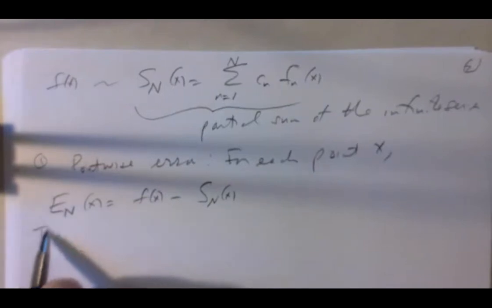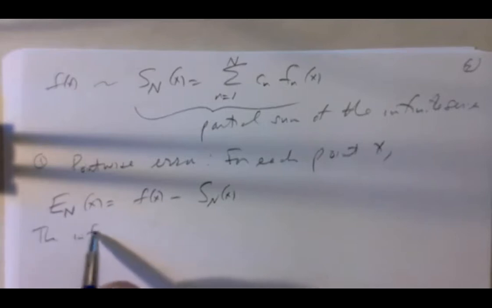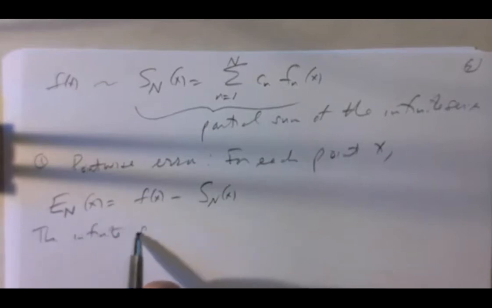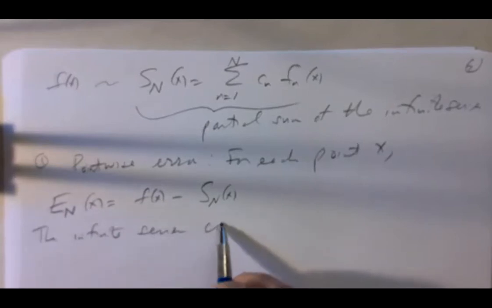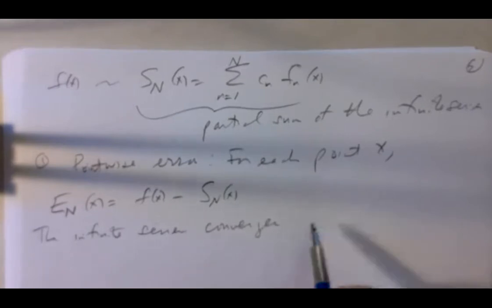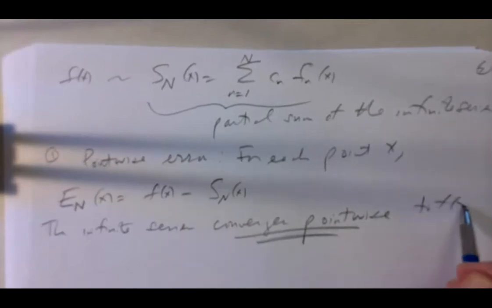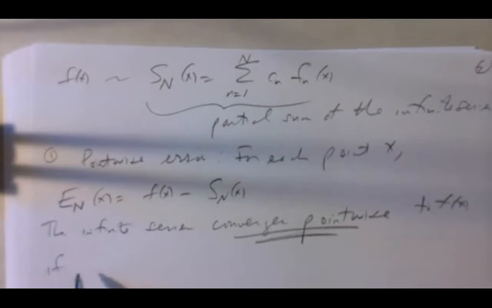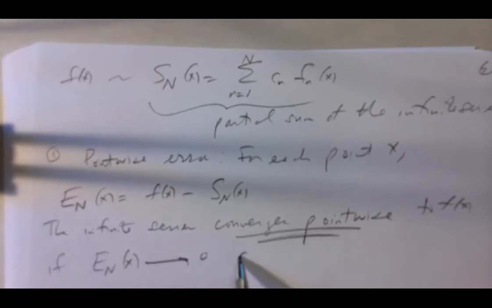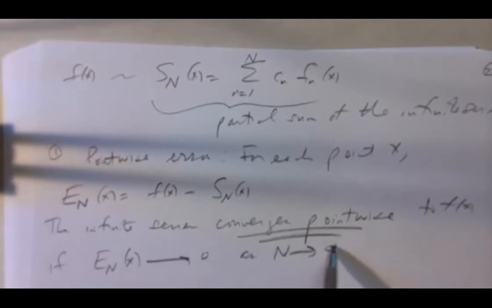And we say that the infinite series converges pointwise to f of x if this error, E sub n of x, goes to 0 as n goes to infinity.